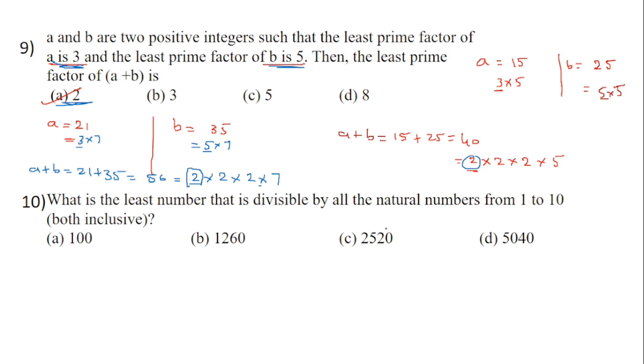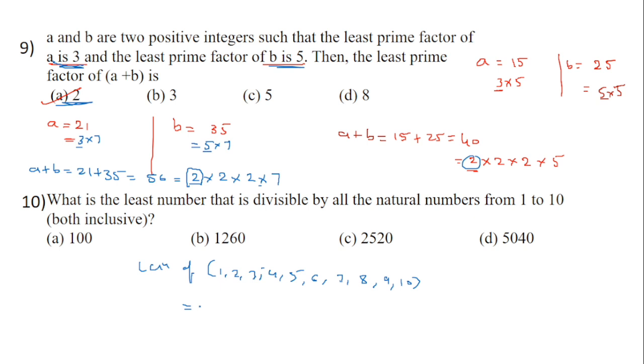The least number which is divisible by all of them is the LCM of 1, 2, 3, 4, 5, 6, 7, 8, 9, 10. It is very difficult to find the LCM of all of these, so you can remember this answer directly.